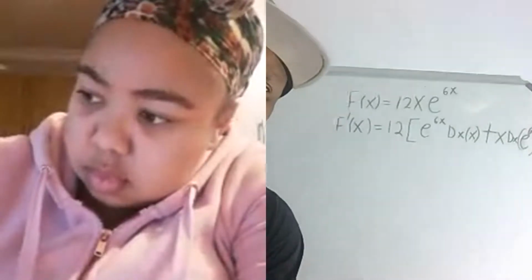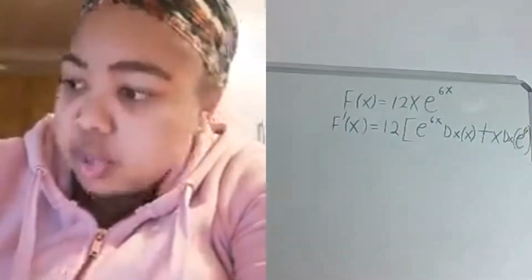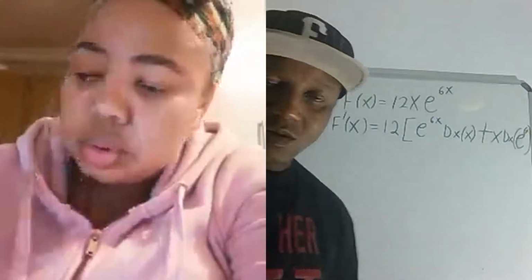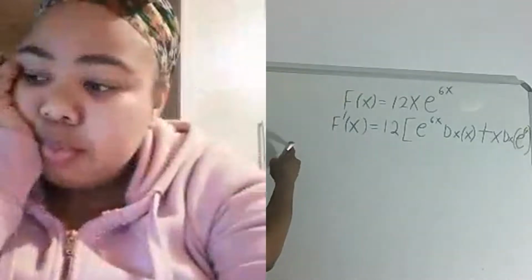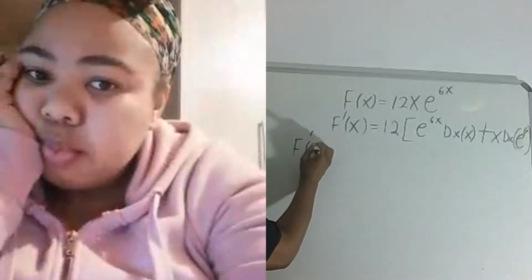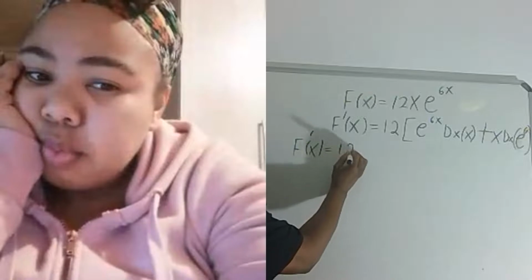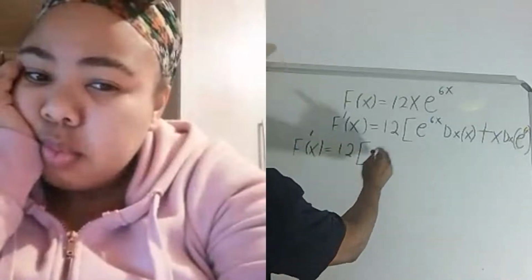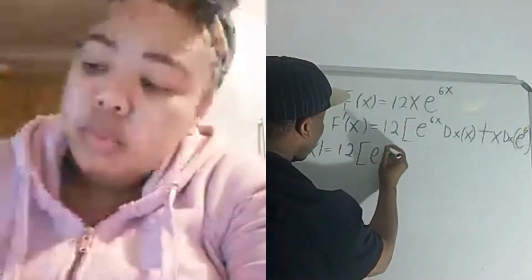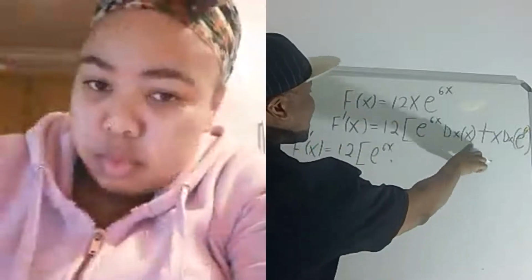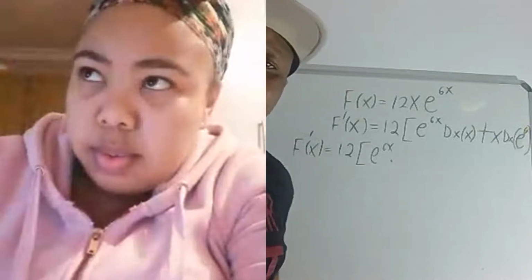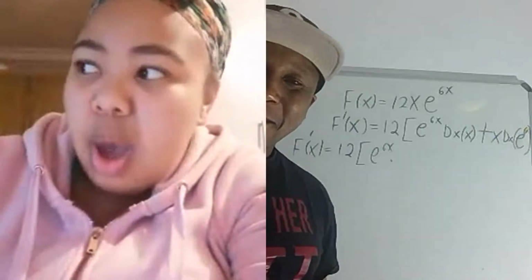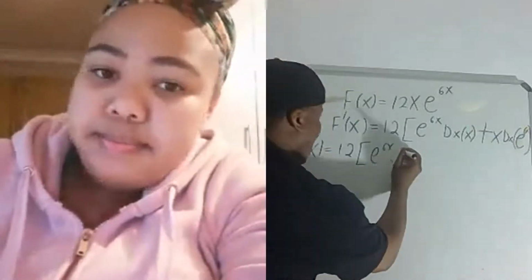So f prime equals 12, and then e^(6x) stays, times the derivative of x. When you differentiate x, what do you get? 1. So it's going to be 1.